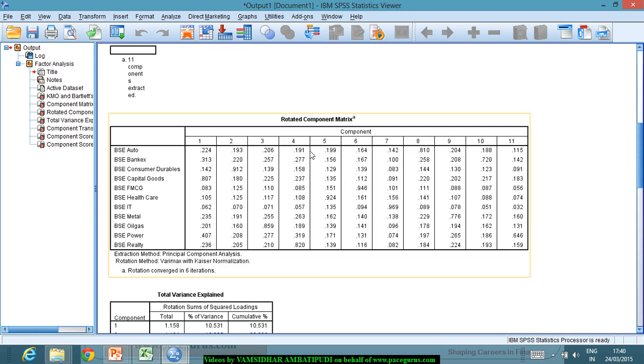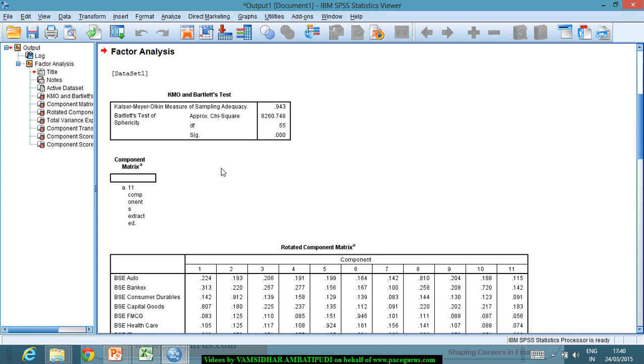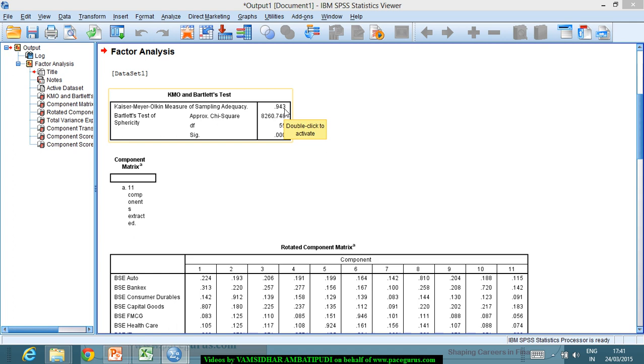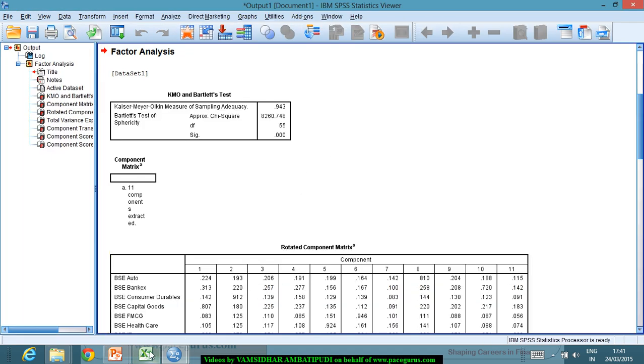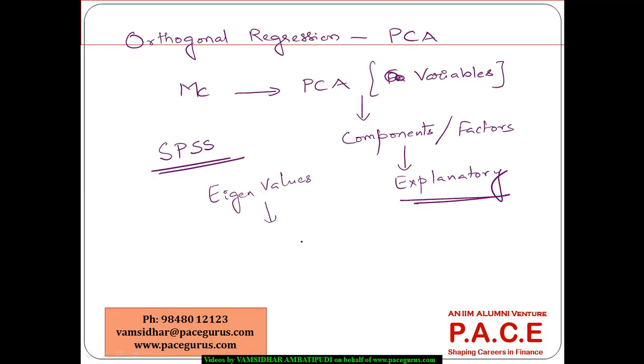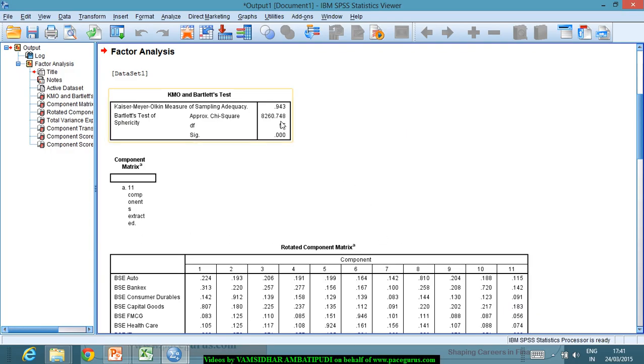Okay, now initially you could see KMO Bartlett test, KMO measure of sampling adequacy is 0.943. Anything greater than 0.5 is an indication that the KMO test or the factor analysis is sufficient enough.